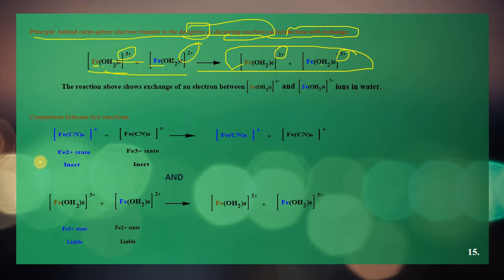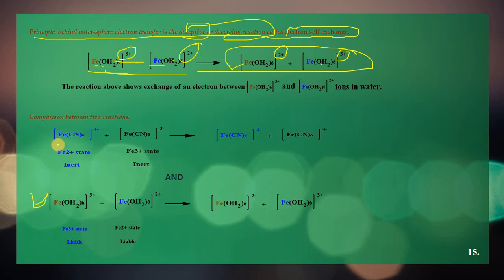I was trying to explain to us that when it's a cross exchange reaction, it's faster. Sorry, neither of these is a cross exchange reaction because they are both self-exchange. But here I try to explain inert and inert, and this is labile and labile ligand. Fe2+ oxidation state, Fe3+ oxidation state.